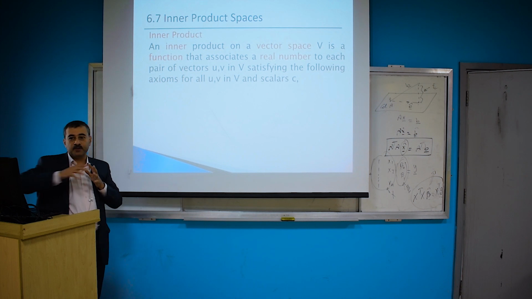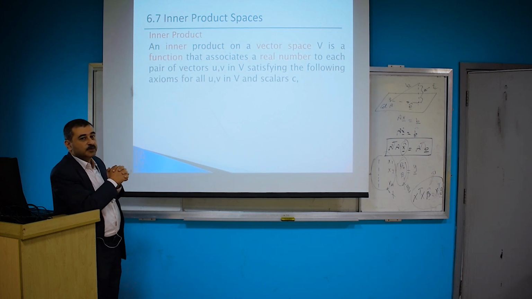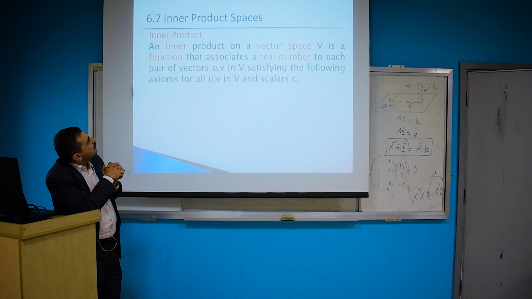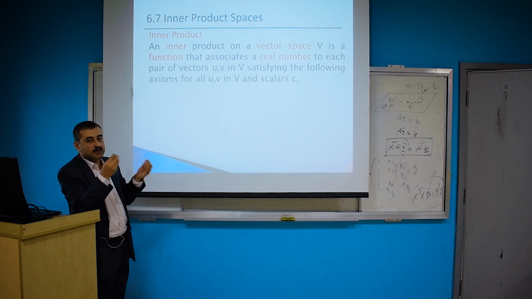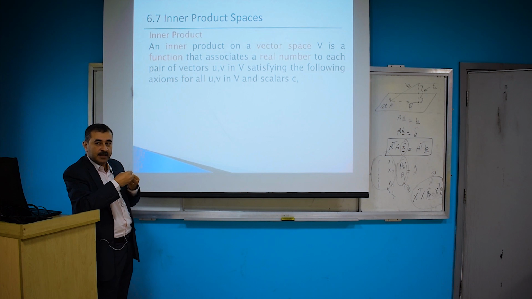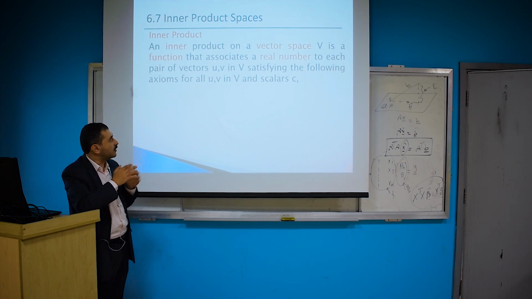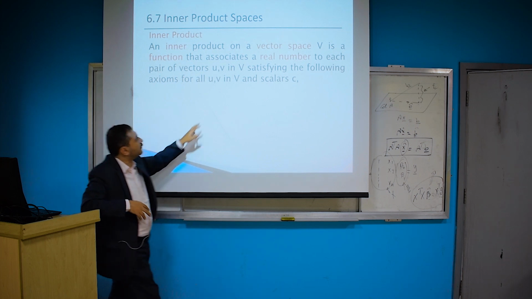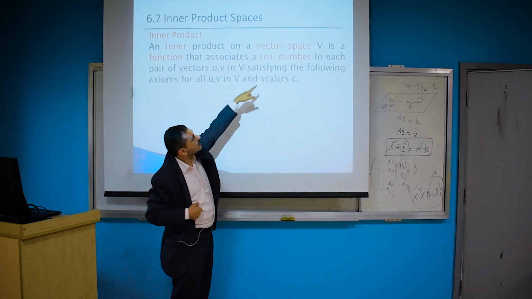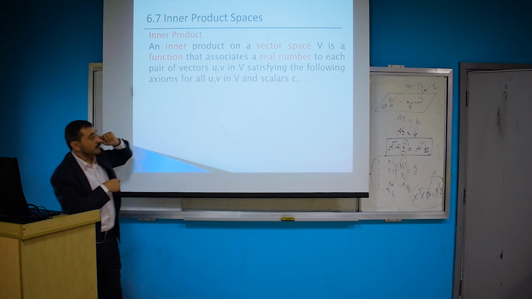And this would be the formal definition for the inner product between vectors. So we say you have a vector space V. The inner product takes two vectors as input and gives you a scalar value as the output. So the inputs are two vectors, u and v, and the output is a real number, a scalar.